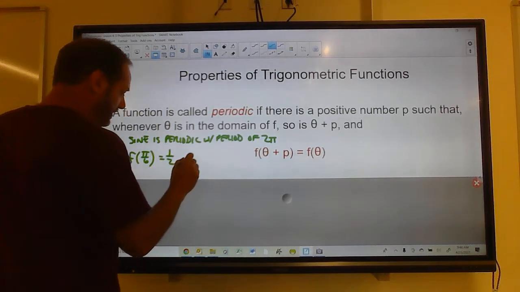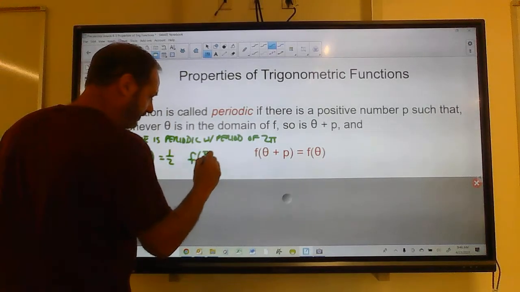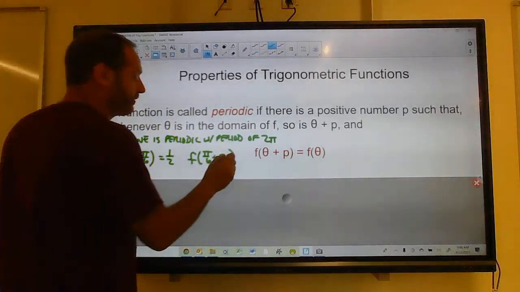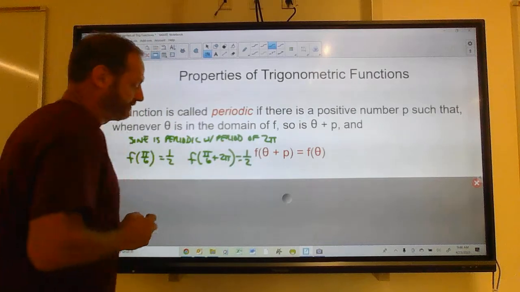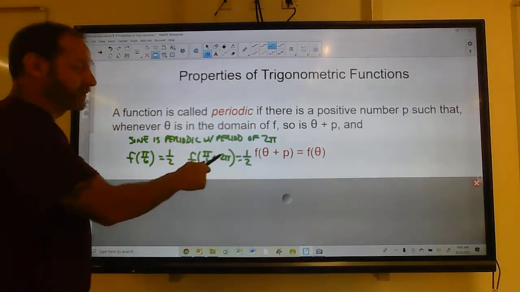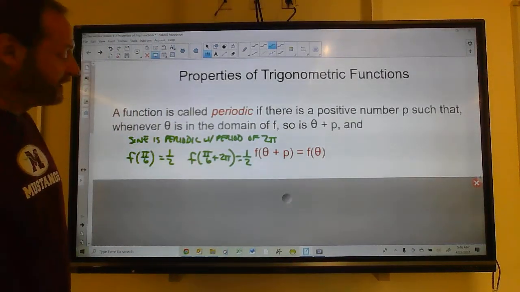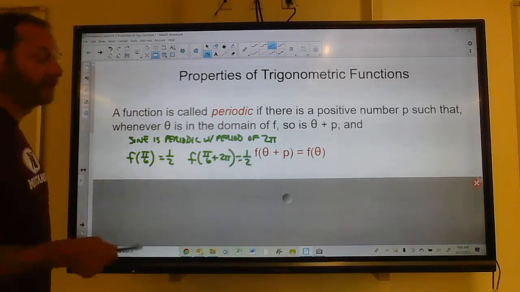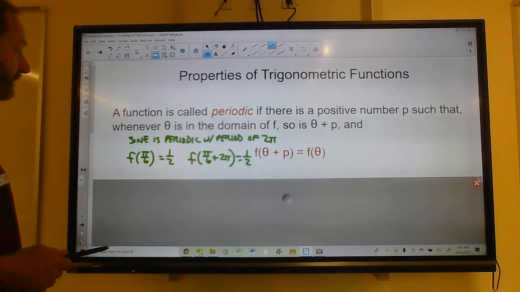That means that f of pi over 6 plus 2 pi is also going to be 1/2. And so is pi over 6 plus 4 pi, and so is pi over 6 plus 6 pi, and so on. Every 2 pi, you're going to get the same answer again.